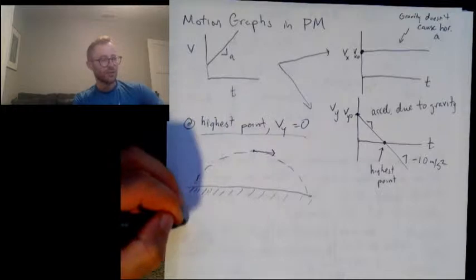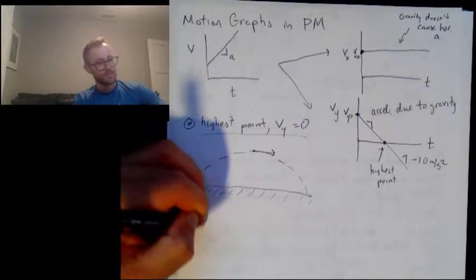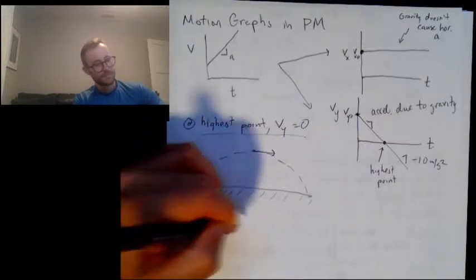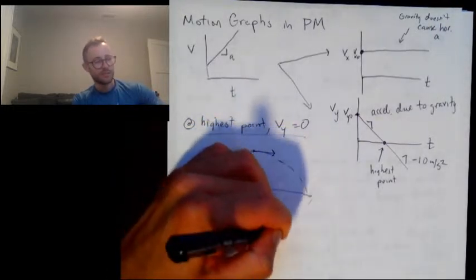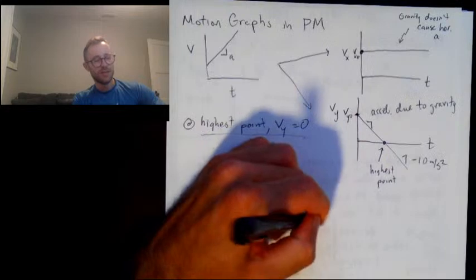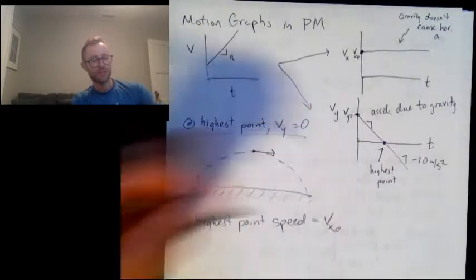And also at the highest point, the speed is equal to whatever the initial x velocity was.